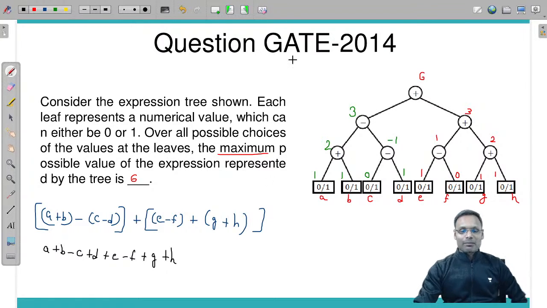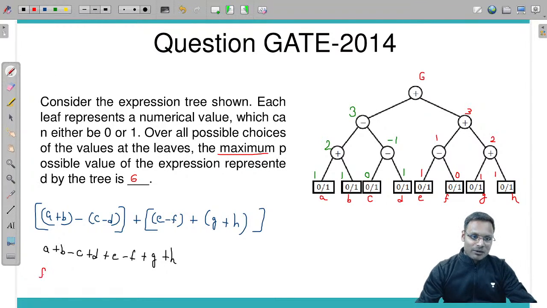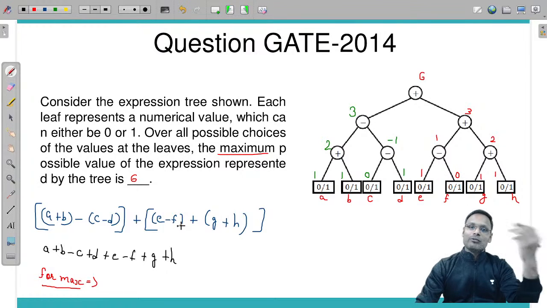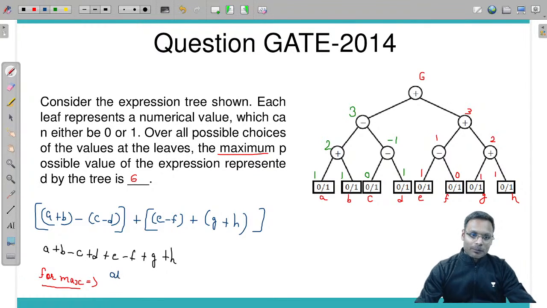कैसे achieve कर सकते हैं maximum value? If each variable can be of value 0 or 1, for maximum value, what I will suggest is put all the positive values as 1 and negative values as 0. What I am doing is all the positive variables as 1 and all negative variables as 0. करके देख लो.